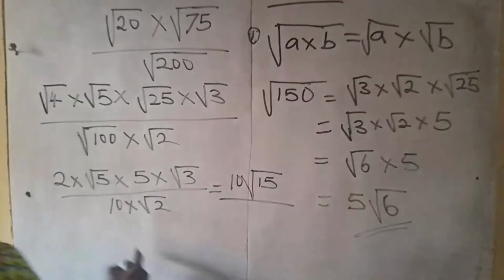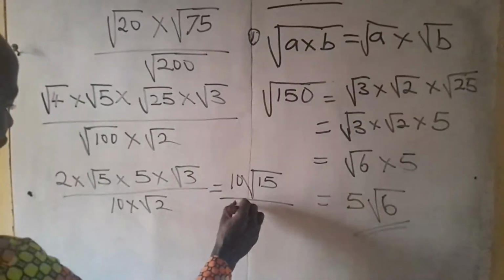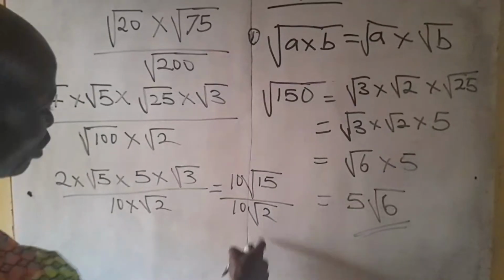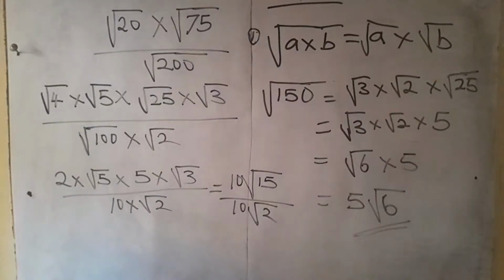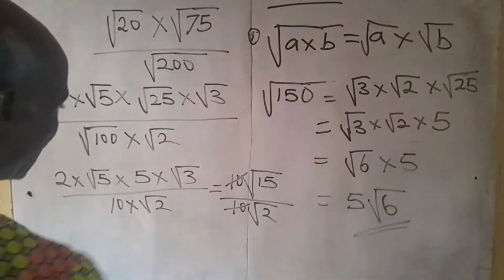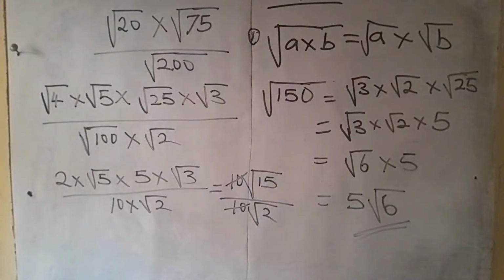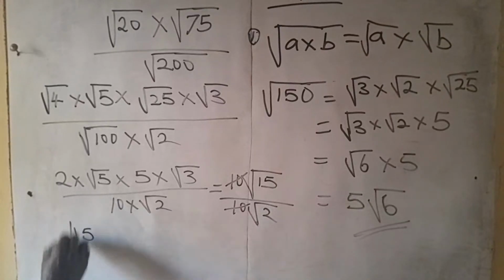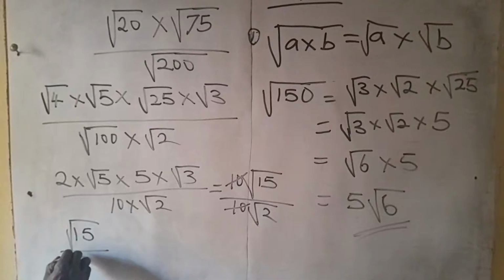And then everything over 10 root 2. So we are going to rationalize the denominator because the denominator cannot be a root. And this 10 can actually cancel out this 10 here. Okay, so we now have root 15 over root 2.